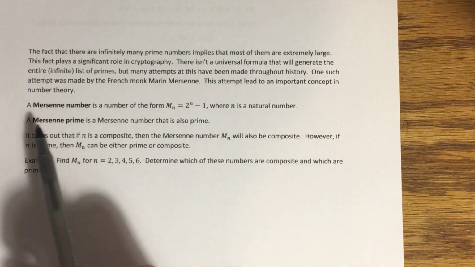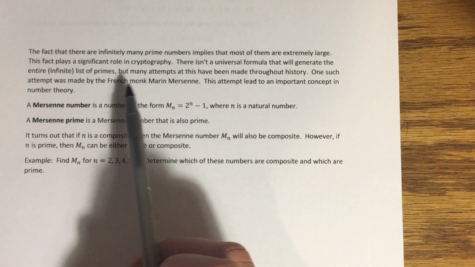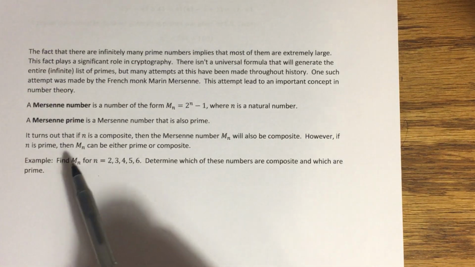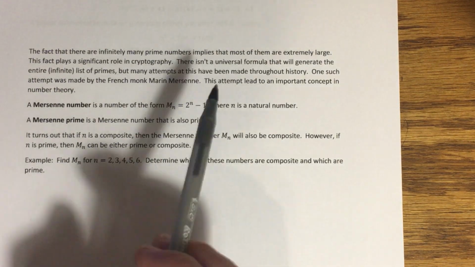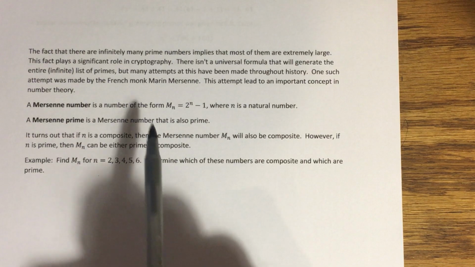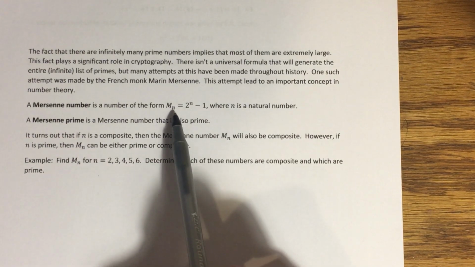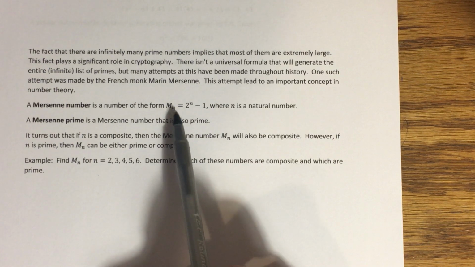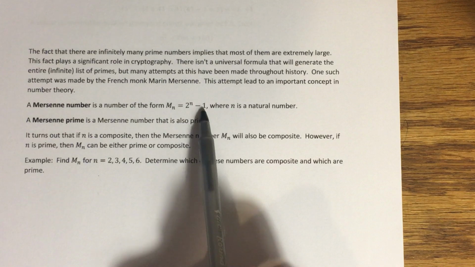One attempt to do this was made by a French monk named Marin Mersenne a long, long time ago. And he came up with these things that we now call Mersenne numbers. So a Mersenne number is a number of the form 2 to the power of n minus 1, and we use the notation capital M with a subscript of n. Mn represents this.